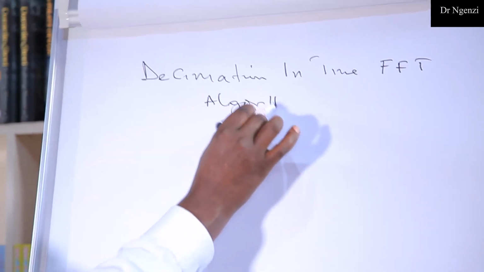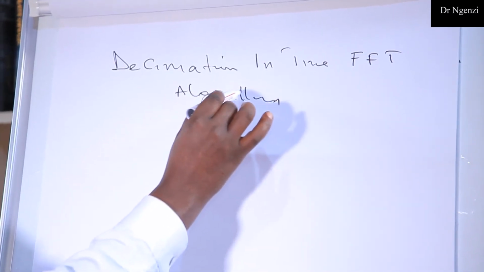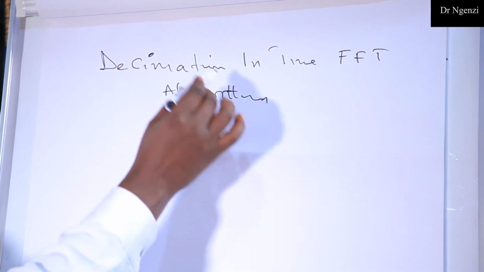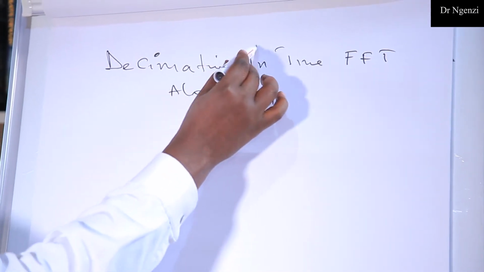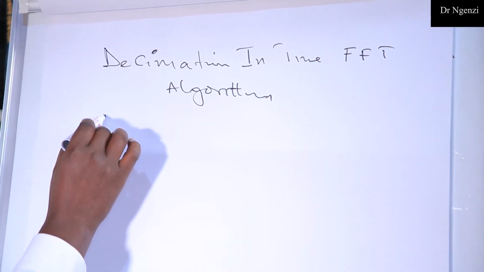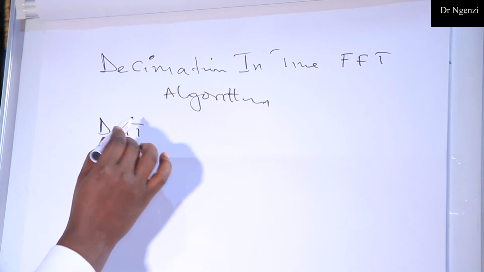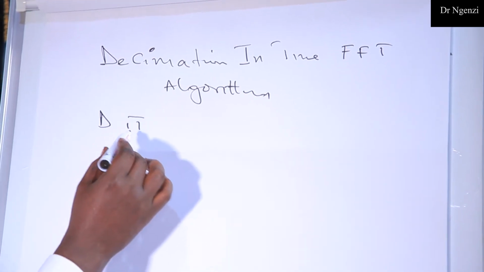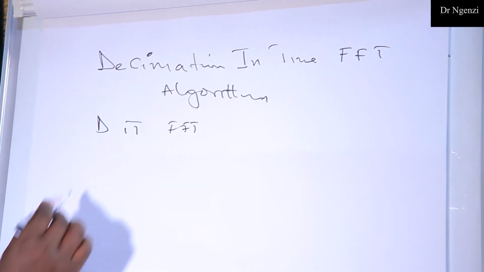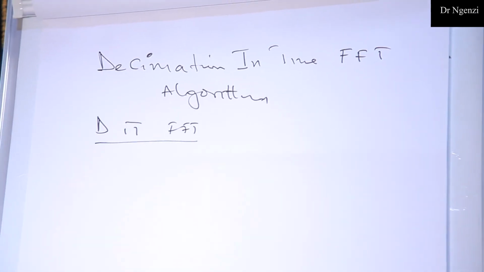This is what we are used to. So decimation in time domain, abbreviated as DIT, FFT algorithm. We just begin with this one.